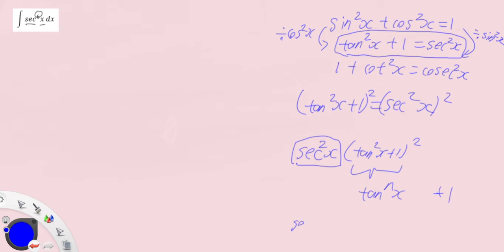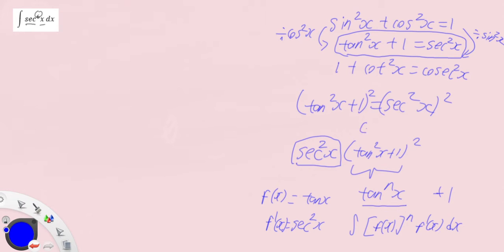You notice that secant squared x is the derivative of tangent x, which means that we are able to integrate this form, because we have f(x) to the power n times f prime x, and we know that we can integrate this to give us f(x) raised to the power of n plus 1 over n plus 1, plus c. As such, that is the trick behind this question, and it's the instinctive method that I have in my mind. Alright, so let's get this done.